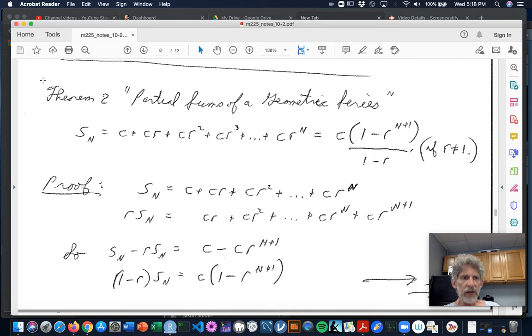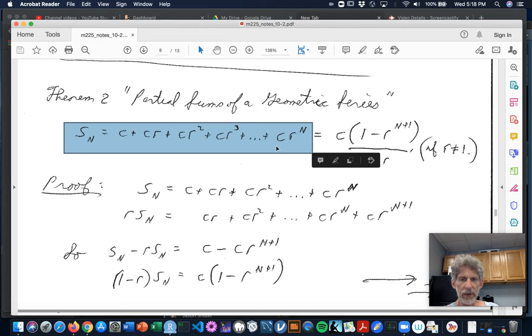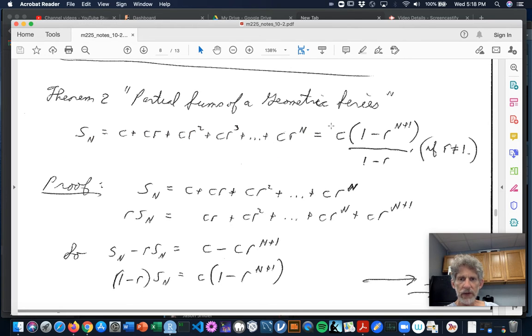So we've got a theorem here that helps us deal with partial sums. It's called partial sums of a geometric series. And it says that the capital Nth partial sum turns out to be that simple little closed form expression as long as your ratio is not equal to 1. If it were equal to 1, then you'd be dividing by 0 here.